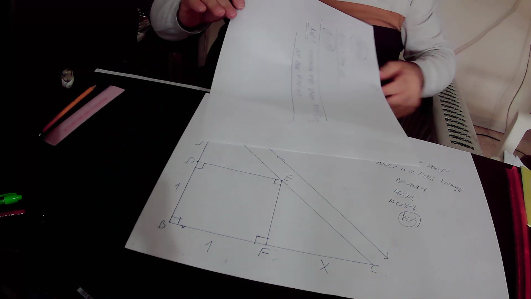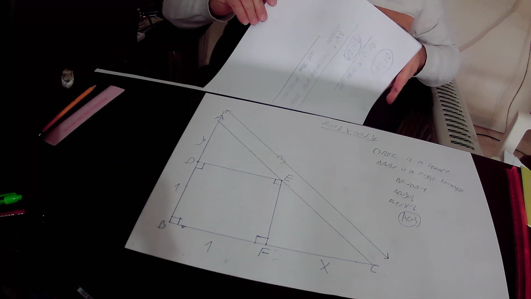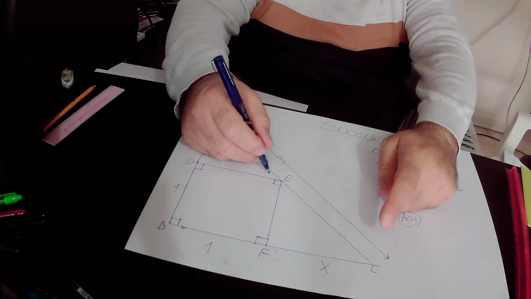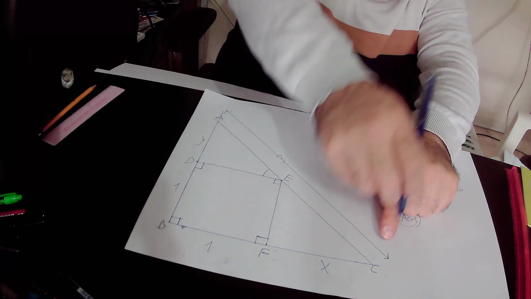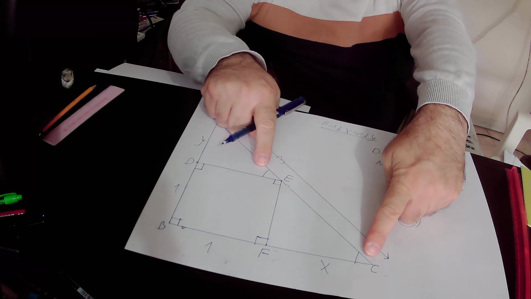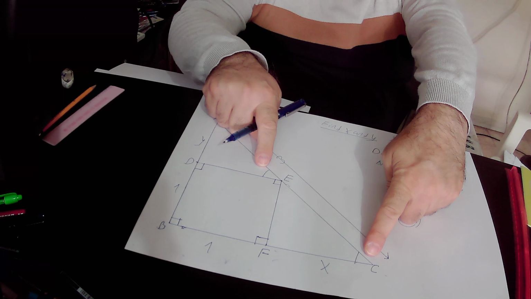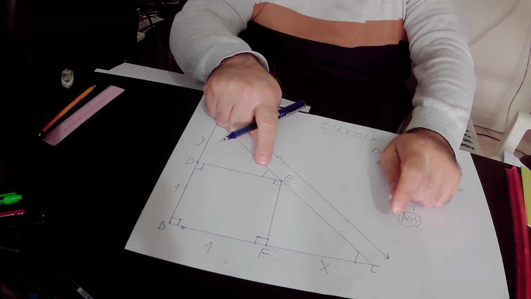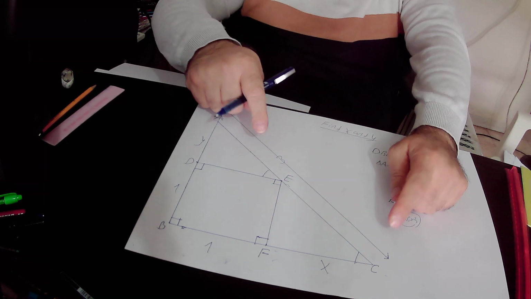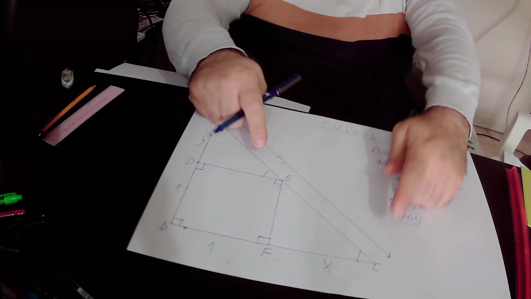So actually those two angles are defined as corresponding angles, and they are located between the parallel lines DE and BC, therefore they are equal to each other according to rule number 1.